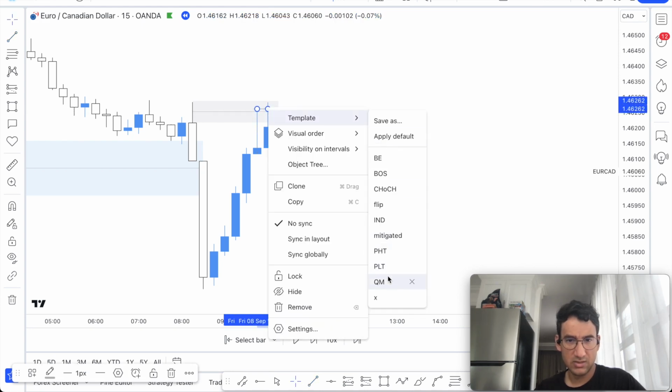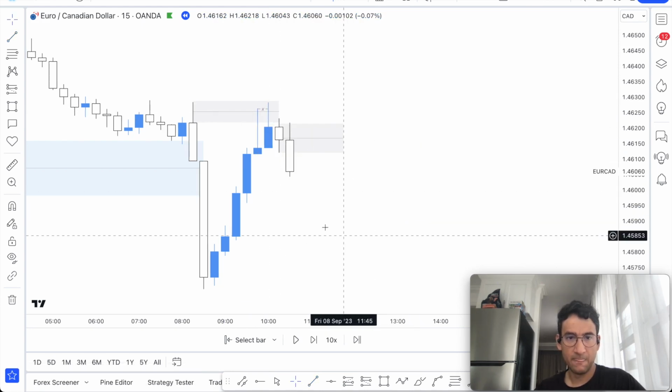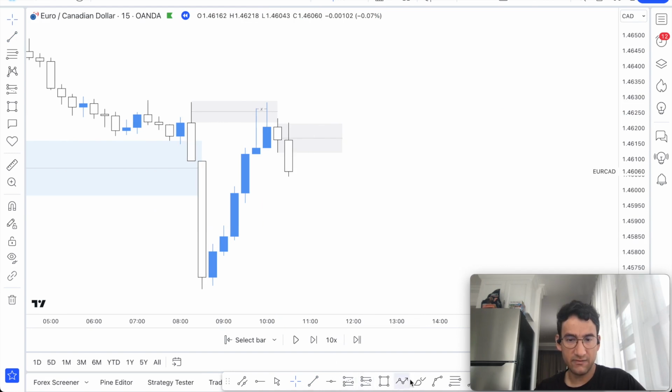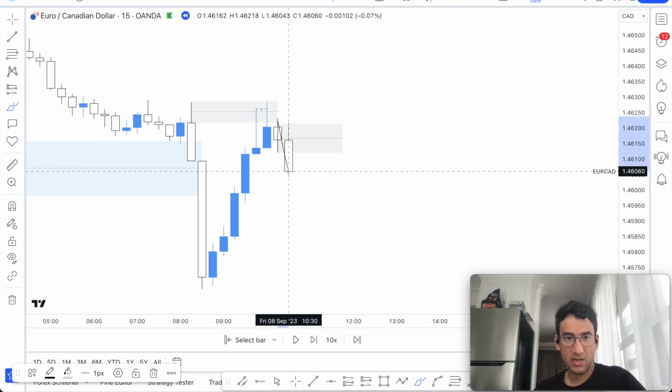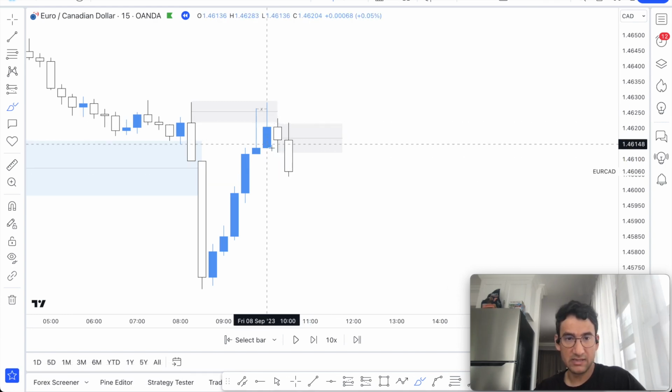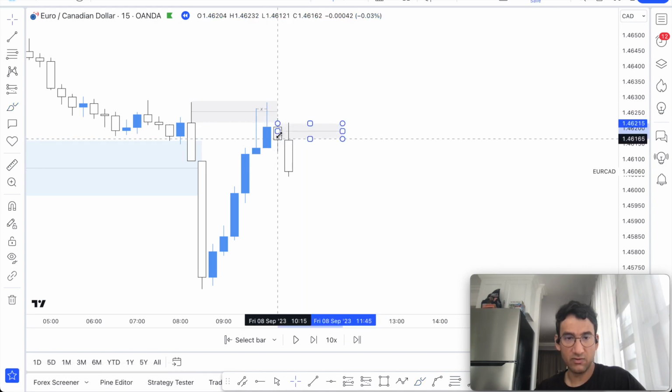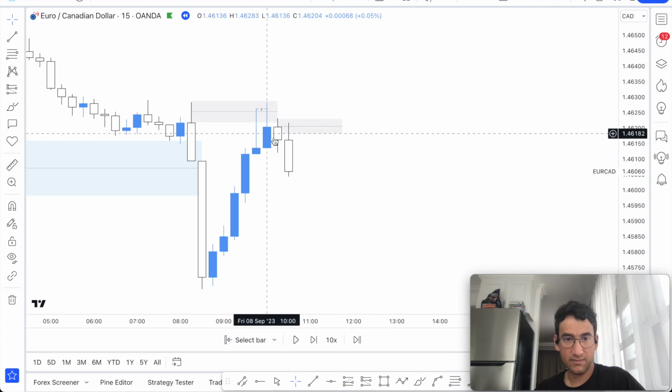You can see it took out liquidity. And then from here, there's your demand to supply. So we already see that this is a weak demand, strong supply, and this is where we would have marked out price. In fact, it would have been right up here, right at this high.